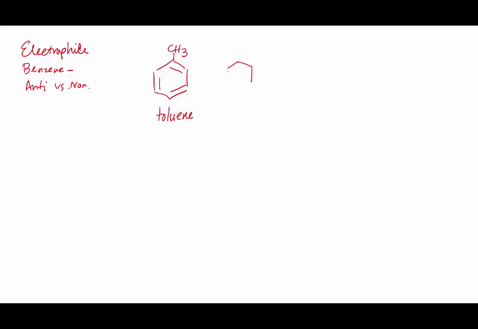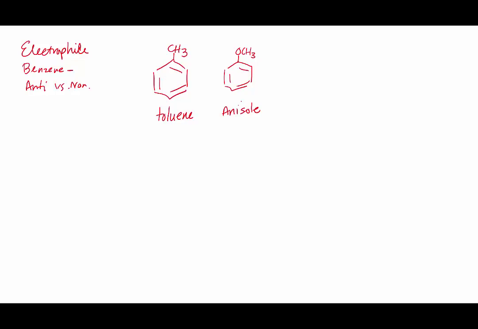When I add a methoxy group, it's no longer benzene, it's anisole. Say that very carefully, but it's anisole. So the other ones would be two methyl groups as a xylene. You have your benzoic acid, etc.